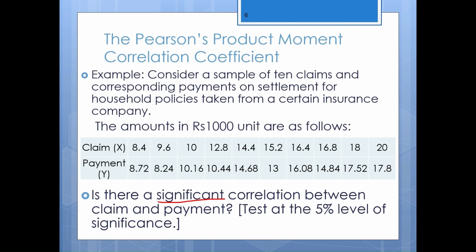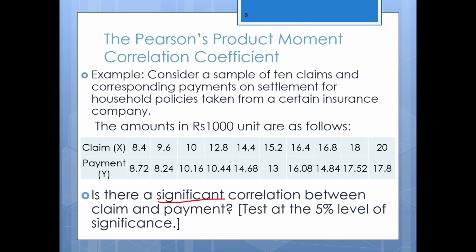Whenever this word significant is mentioned, you are referring to a hypothesis testing that you have to do on the correlation coefficient. If I ask you to compute the correlation coefficient, you just compute it. But if I ask you, is there a significant correlation, you need to check whether that correlation coefficient that you have computed based on the first semester is significant or not. And for that, you will need to run the hypothesis testing on rho equal to 0 versus rho not equal to 0.